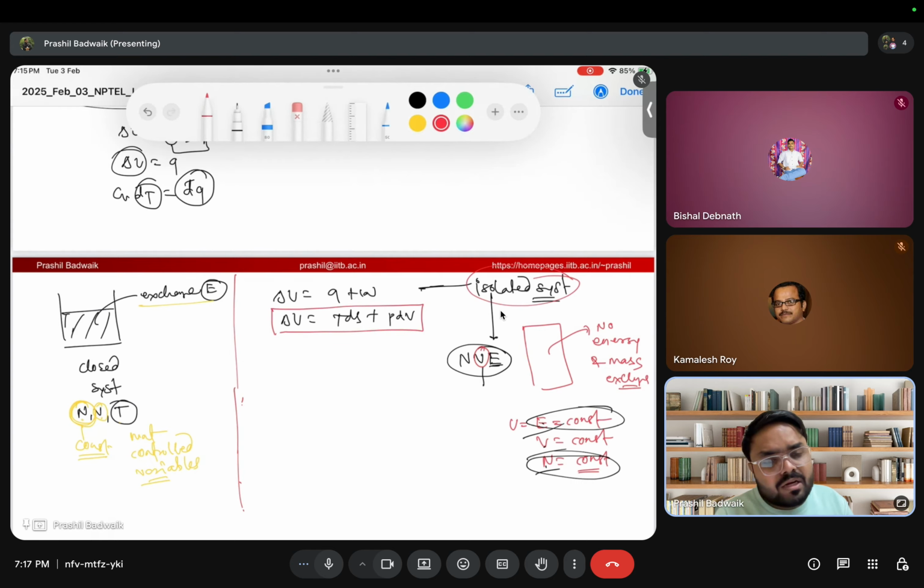That means to evaluate this X quantity, for example, I need to write temperature as a function of S, correct? So S is my controlled variable, volume is a controlled variable, and there will also be mu dn, where n is also a controlled variable.